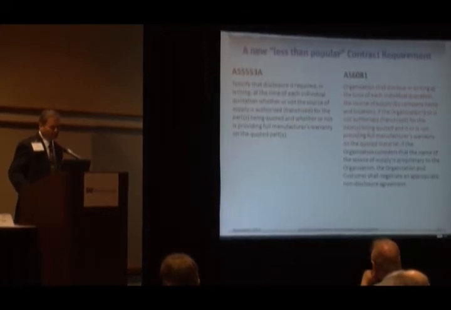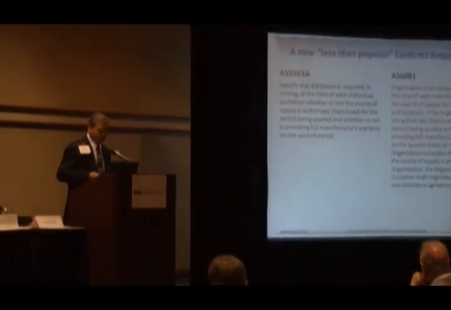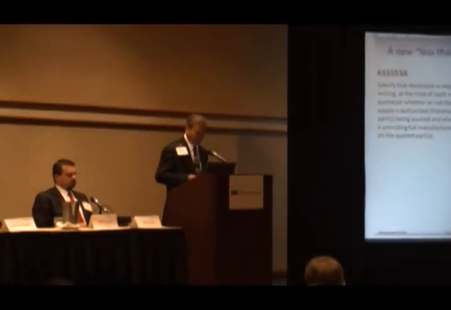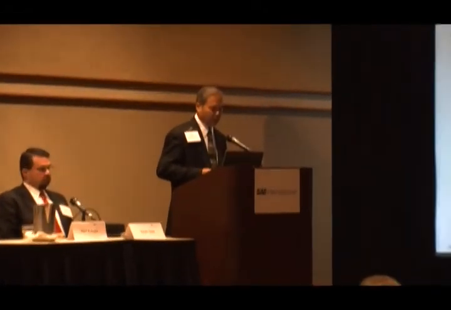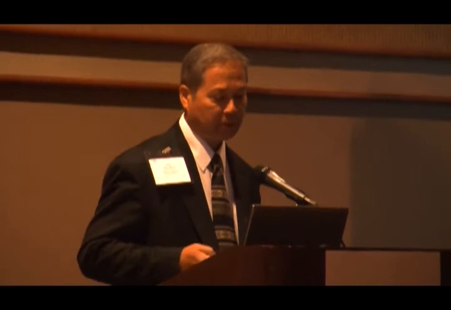The last time I gave a presentation similar to this, I mentioned this new requirement. And I can tell you that it is not very popular among the non-franchised or independent distributors.